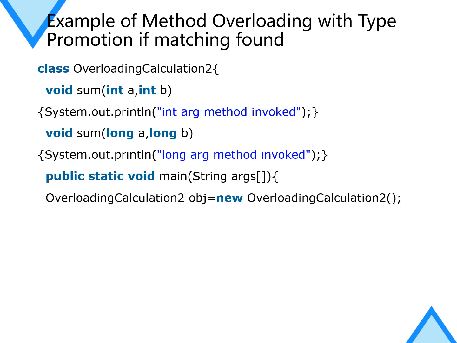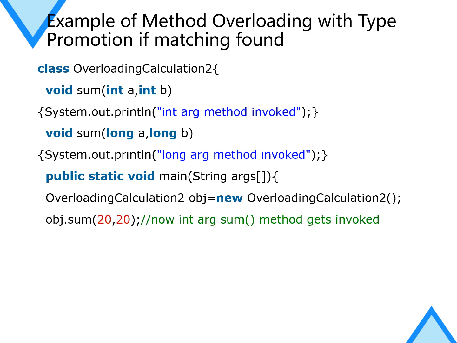We have one main method, and we are creating the object obj, and through obj we are calling the sum method. Here 20 and 20 both are integers, and since the matching implementation is found, it will not do type promotion, and it will call the method which has the exact match. So it will invoke the int argument method and show the message of the first implementation.